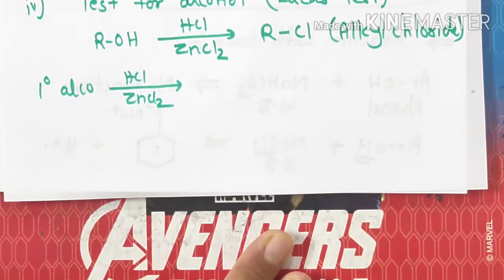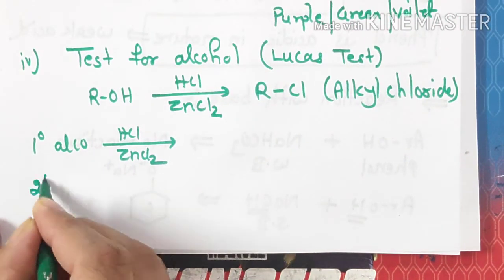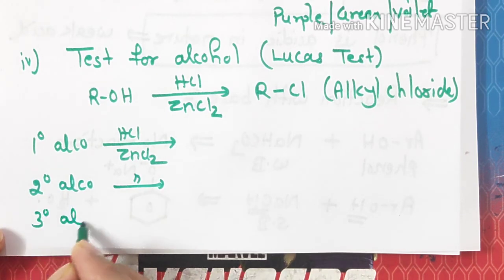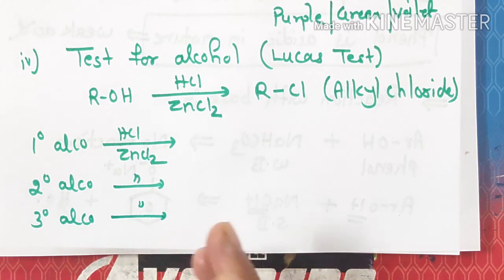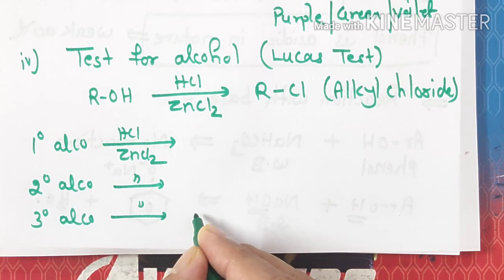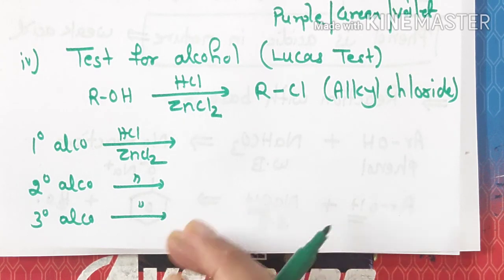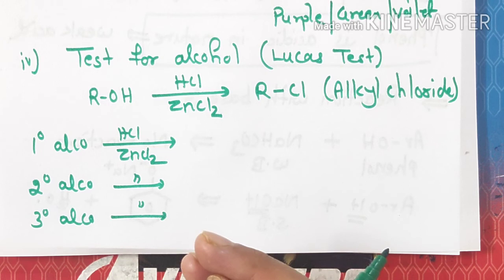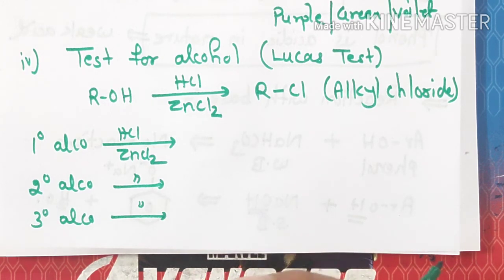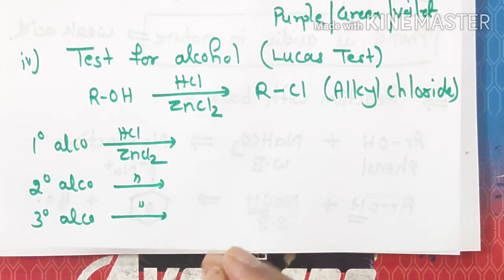Second, if I take 2 degree alcohol, and third, if I take 3 degree alcohol. Actually this is a distinguishing test to find whether the alcohol is 1 degree, 2 degree or 3 degree. If I take 3 degree alcohol and put this Lucas reagent in it, turbidity is formed, not a precipitate actually, it is turbidity.